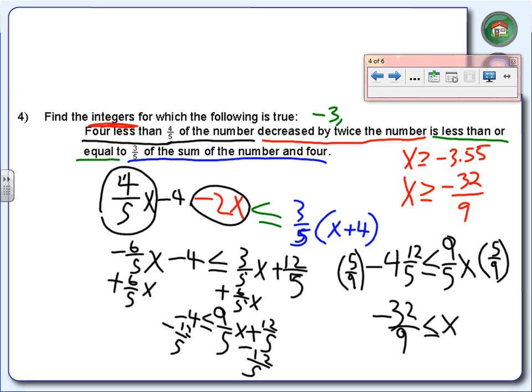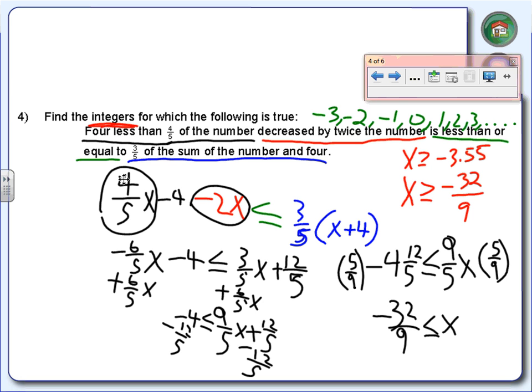What would be our next integer? Negative 2, then negative 1, then 0, 1, 2, 3, and keep going. So these are the answers. Those are integers. If you were to write this as the answer, unfortunately, even though you did all your work correctly, that would still be counted wrong because you did not answer the question. So be real careful.